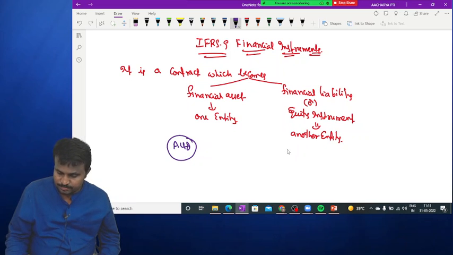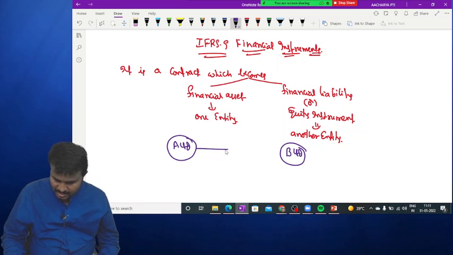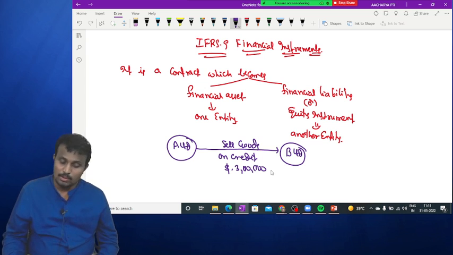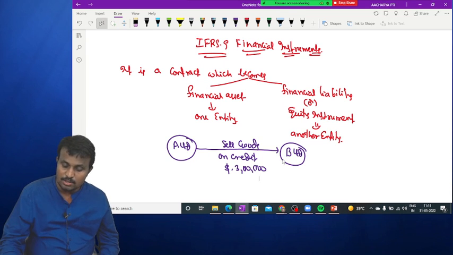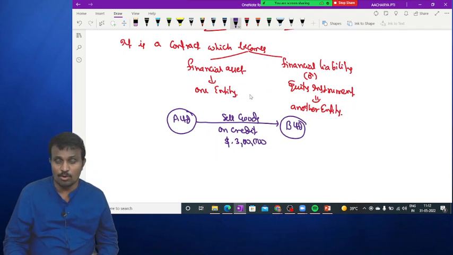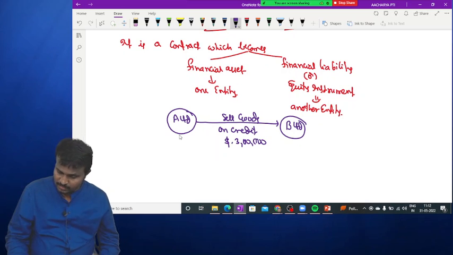A Limited and B Limited are there, and A Limited sells goods on credit basis worth 3 lakh to B Limited. So in this scenario, the sale of goods is said to be a contract. The transaction becomes an asset to one person and a liability to another person. Asset to whom here? A Limited.